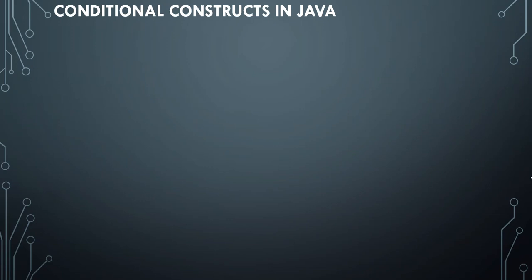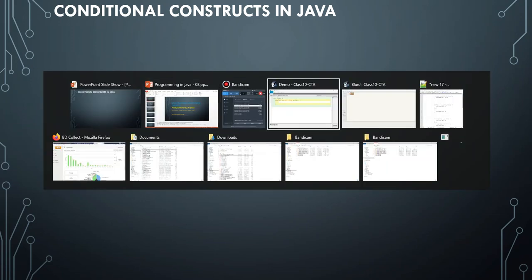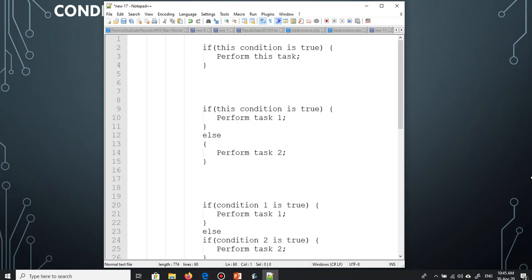Let us start off with what conditional constructs mean. The first conditional construct that we have is the if. If you want to perform a task only when a condition is true, this is how you write the statement.